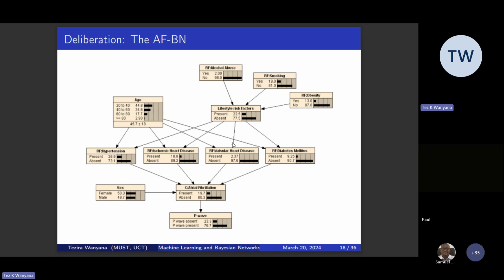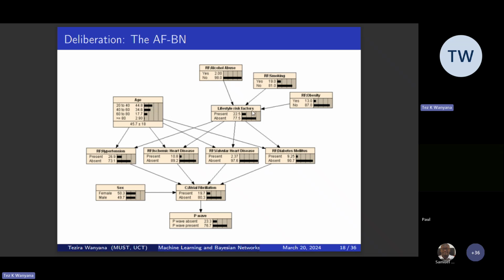We also have what we call context nodes. For example, age and sex are demographic context nodes. And then we have some lifestyle risk factors here, for example alcohol abuse, smoking, and obesity.